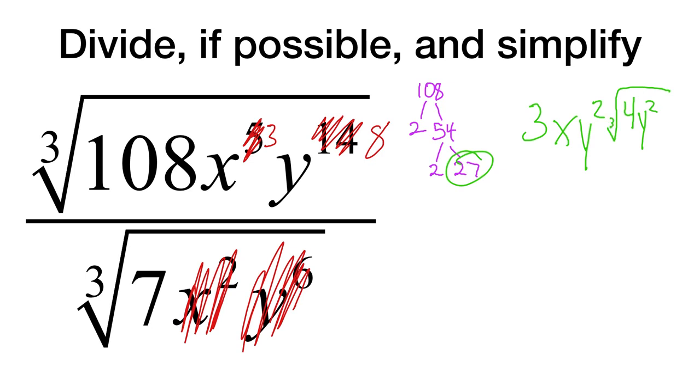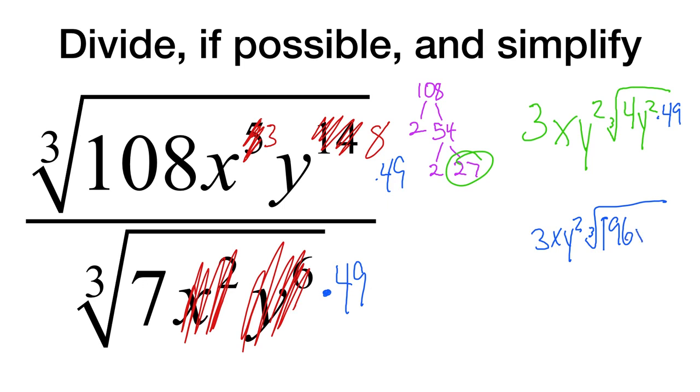And on the bottom, we have to multiply all of this on the denominator by, let's see, we need 2 more 7s, so times 49. Meaning 4 times 49 is going to give us a final answer of 3x y squared times the cube root of 196 y squared, all over 7.